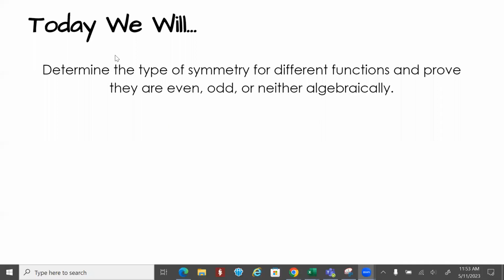So an odd function. Okay, see, now I messed up my drawing. Okay, so odd, even, or neither. An even function is going to be symmetric about the y-axis.